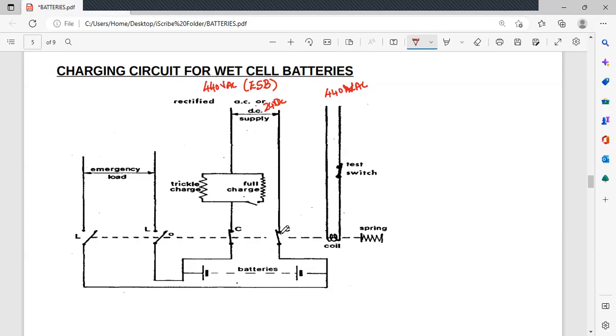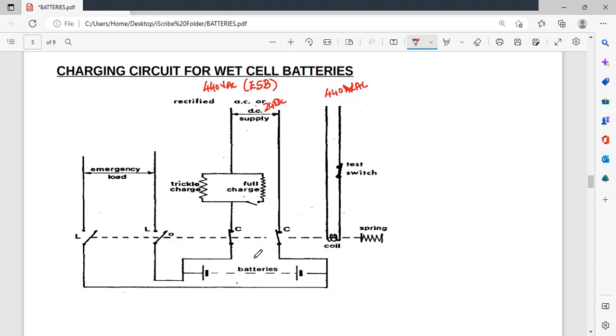When these two switches are closed, your 24 volts DC is in the trickle charge. As I said, normally you do not put it in the full stroke booster stroke manual charge; it is generally kept in the trickle charge. So your circuit is completed via the trickle charge circuit to the positive of this particular battery, out through the negative and back to that DC source.